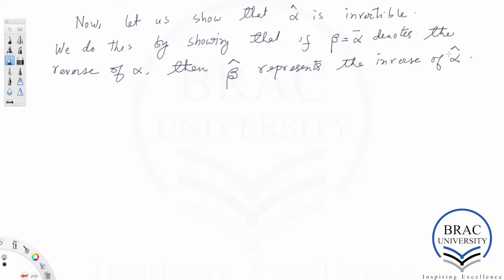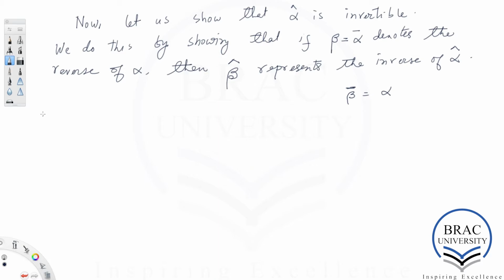Okay. So if beta is equal to alpha bar, it is immediate that beta bar, or the reverse of beta, is the path alpha itself, right? The reverse of the reverse gives the original path.